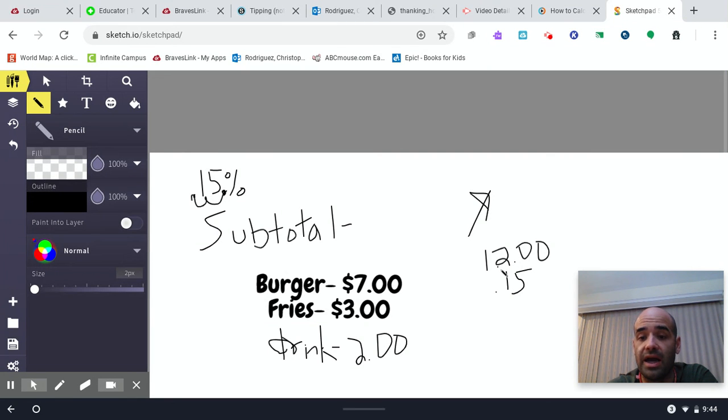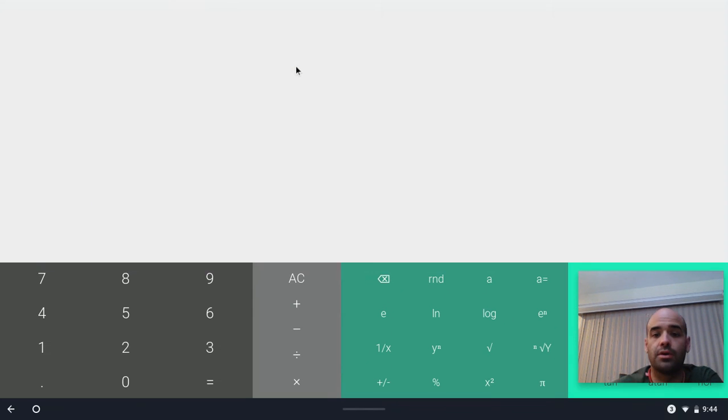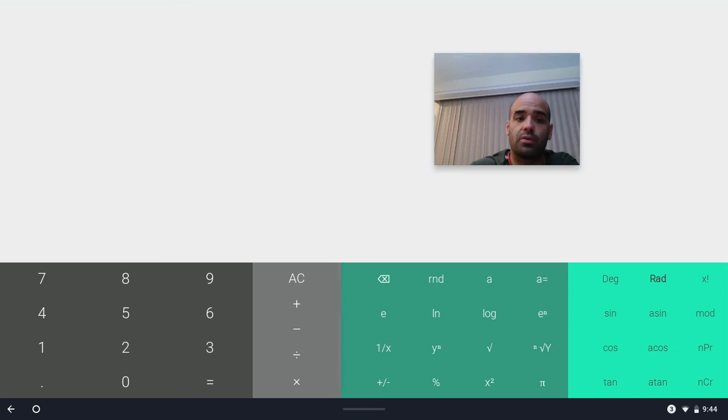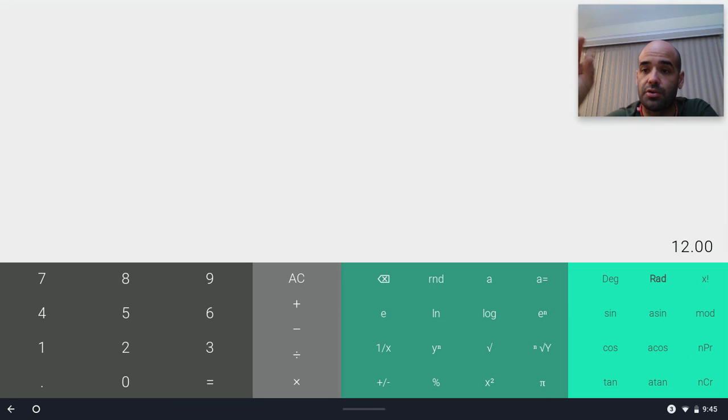So now I need to figure out 15% of $12, the subtotal for my burger, fries, and my drink. What you're going to do in your calculator is some multiplication. You take the subtotal, $12, and multiply that by 0.15.